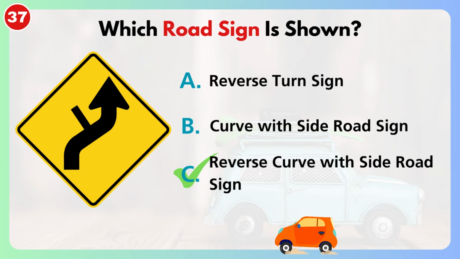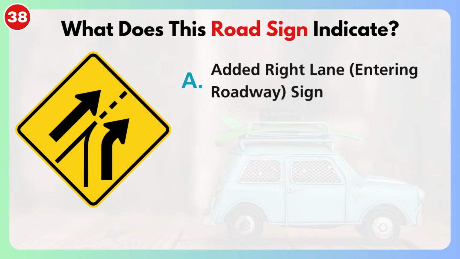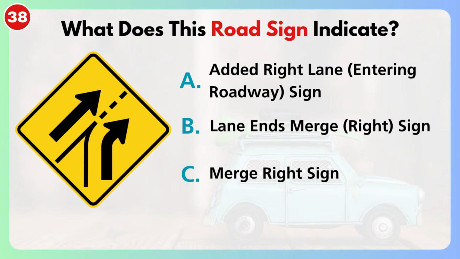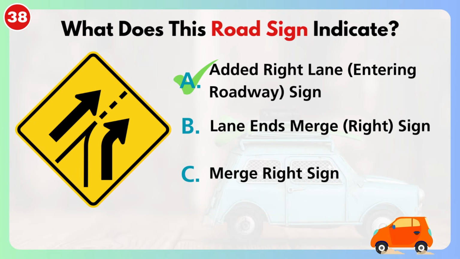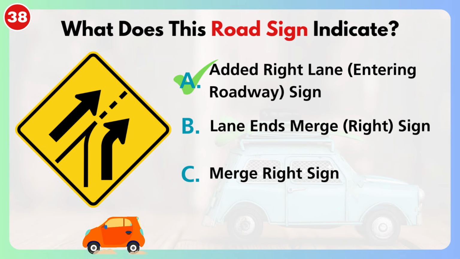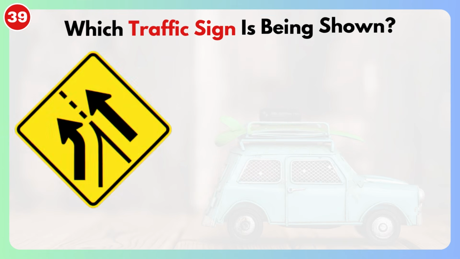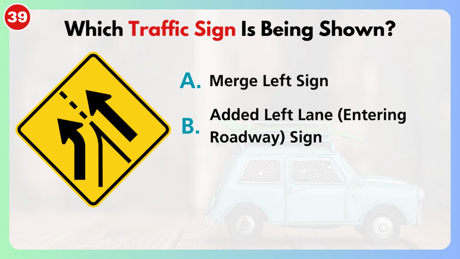Reverse curve with side road, right, sign. What does this road sign indicate? Added right lane, entering roadway, sign. Which traffic sign is being shown?